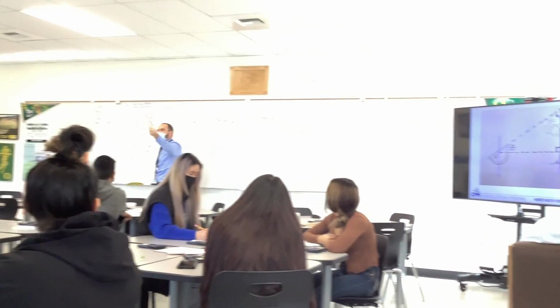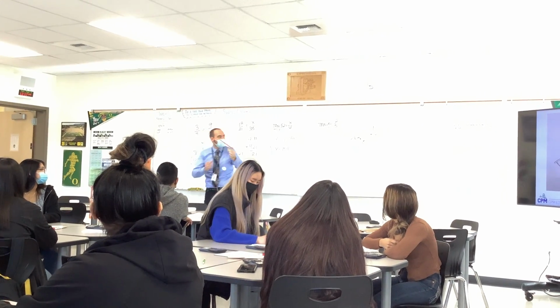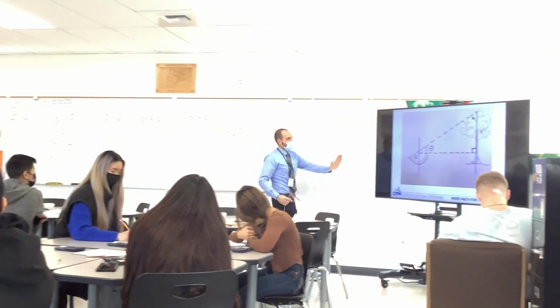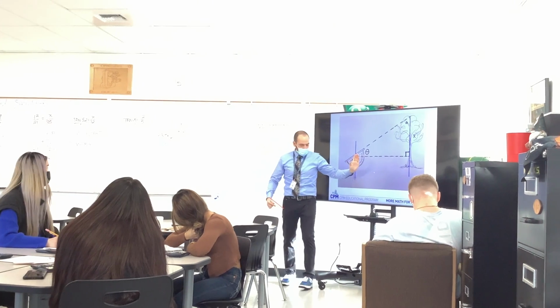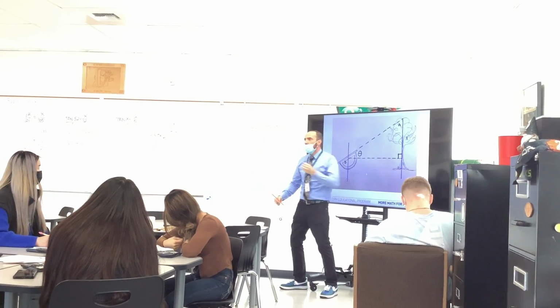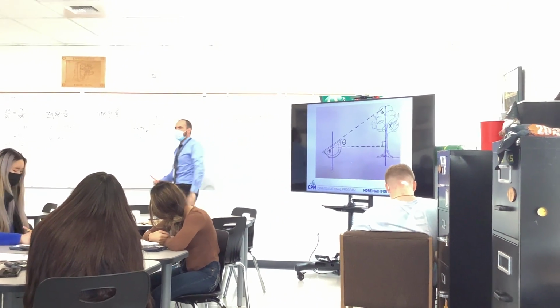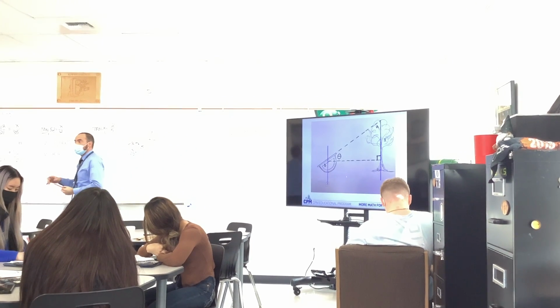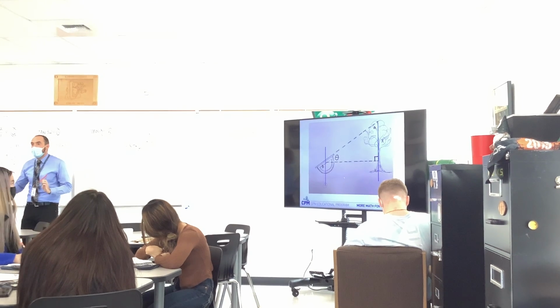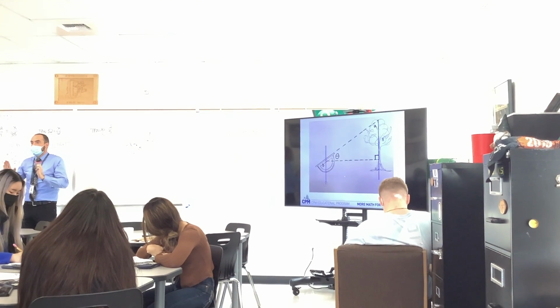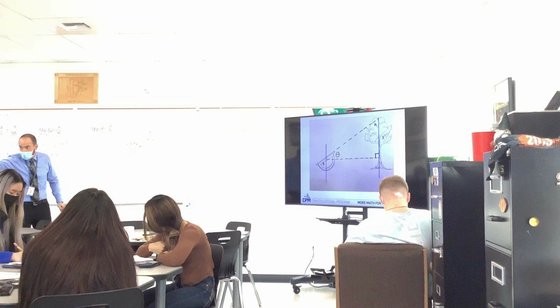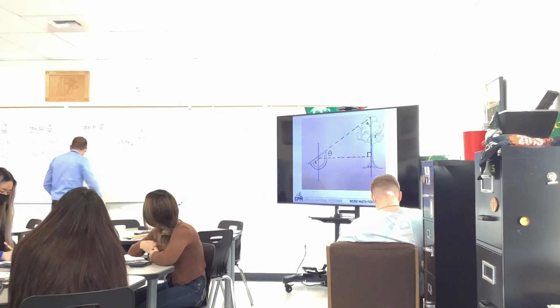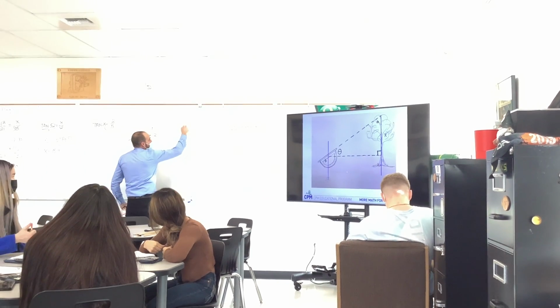We want it to stay vertical, because if I have a vertical line and I'm measuring the height of something, what does that tell me about those 2 lines? They're both vertical. They're both perpendicular to the ground, making them parallel lines. Thank you.